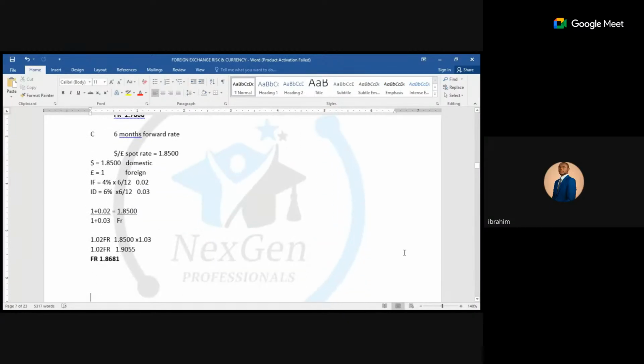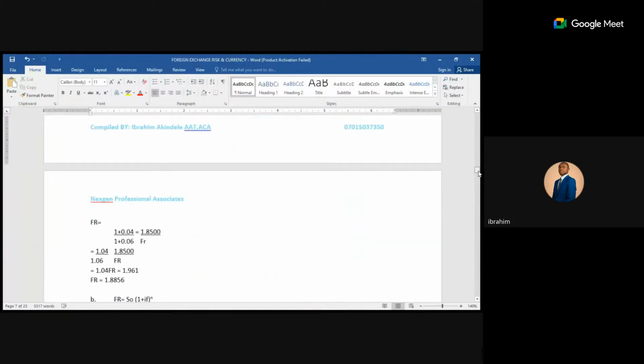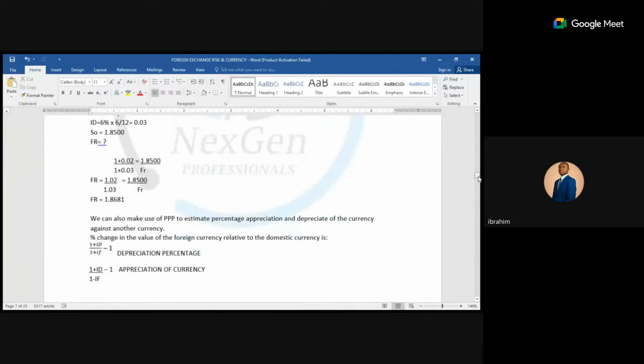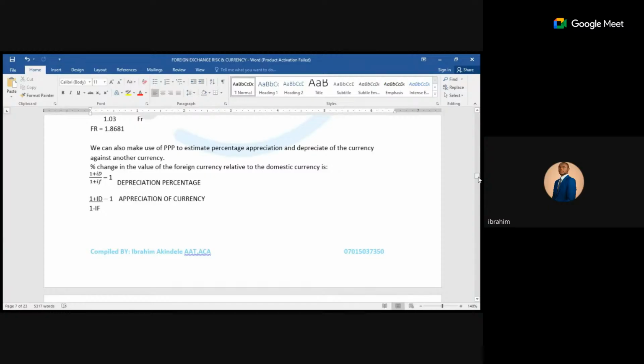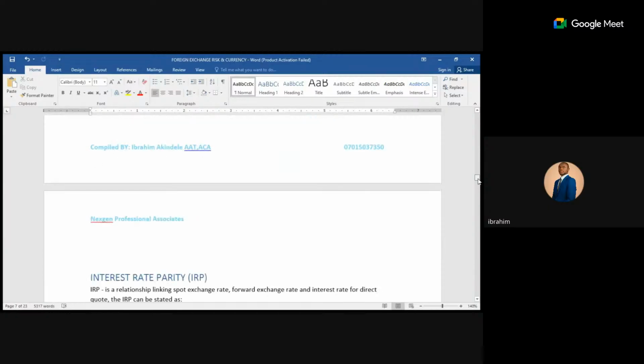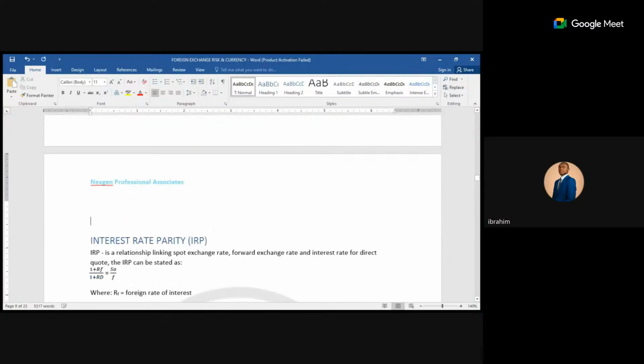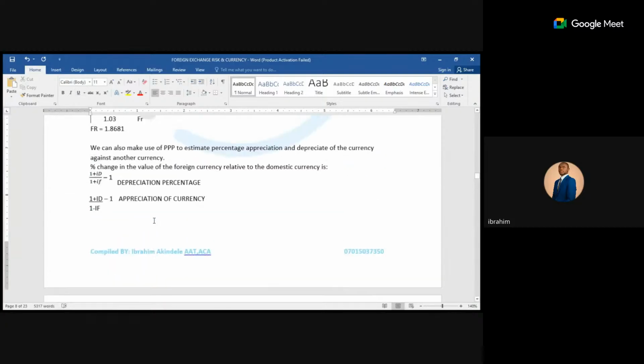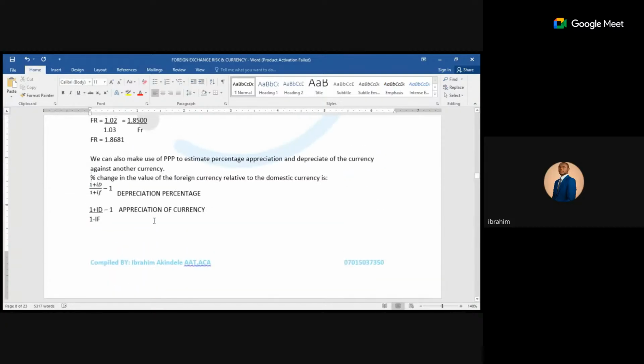So let me quickly explain the interest rate parity before we go. Before we move to the calculation of the interest rate parity, it is very important for me to explain depreciation of currency.